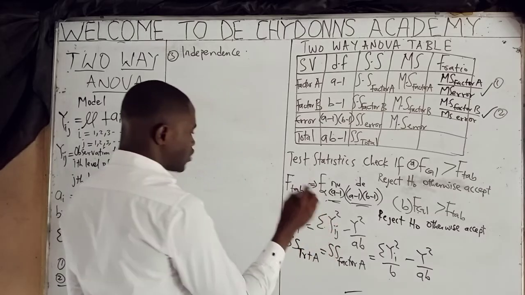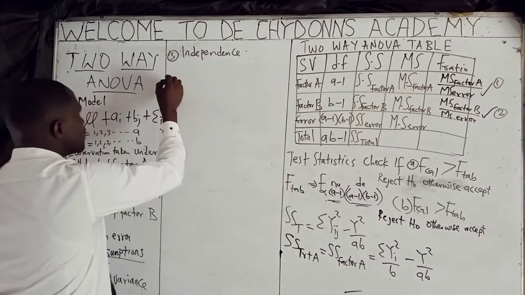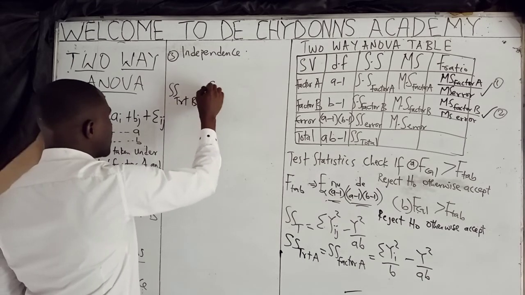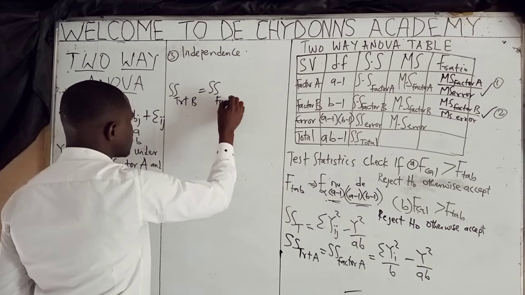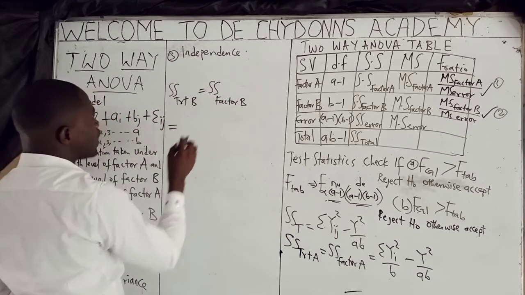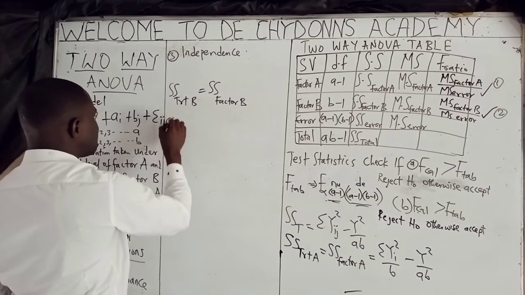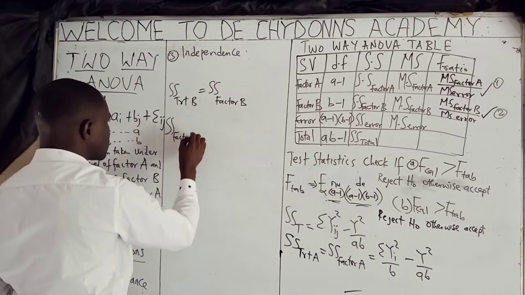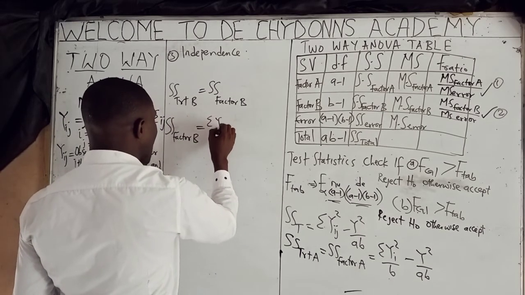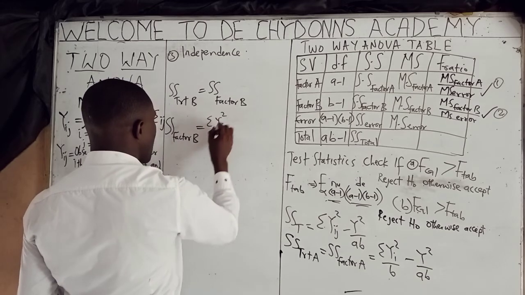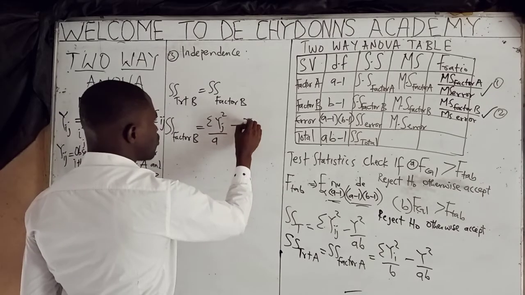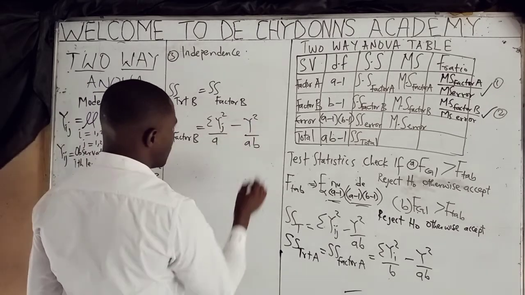And we now talk the last one. SS treatment B is equal to SS factor B, and it is equal to summation of yj squared all over A, because it is B here, so you say all over A, minus y squared all over AB.